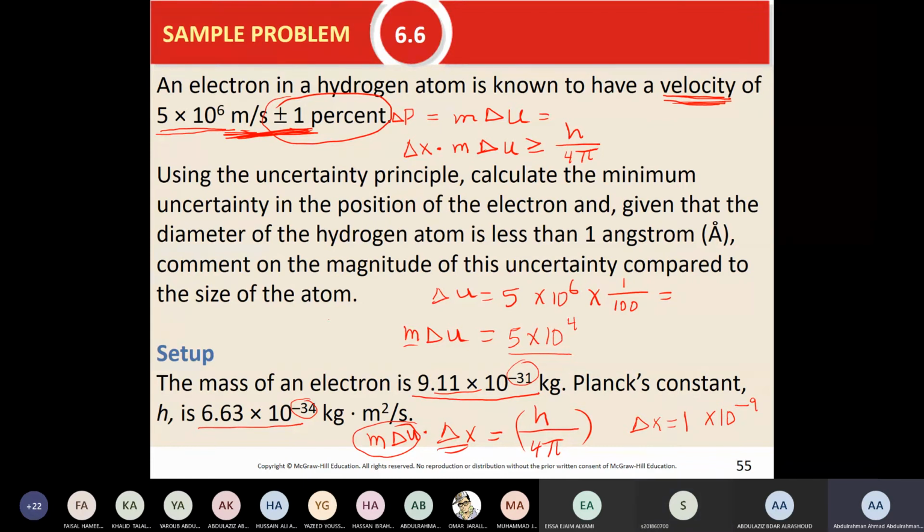Doctor, I made a mistake. Just a second. Yes, in the answer we saw that m delta U equals 5 times 10 to the power 4, but that is not right because we didn't multiply by the mass.